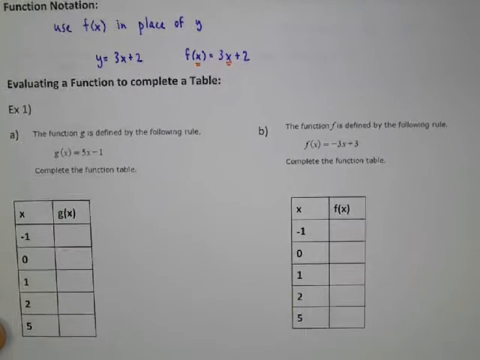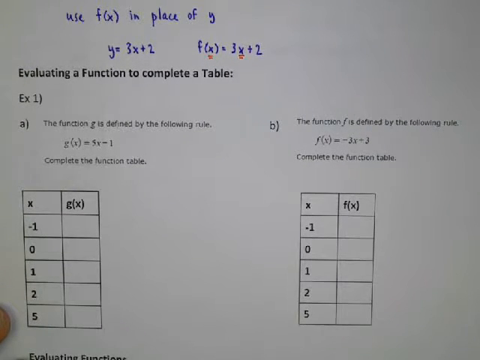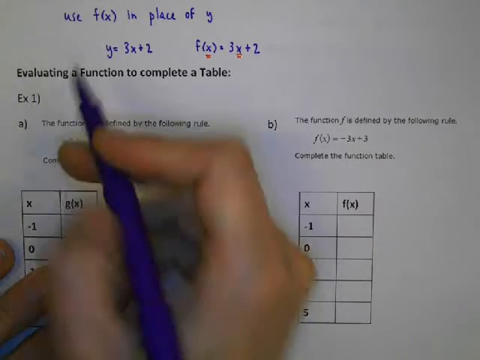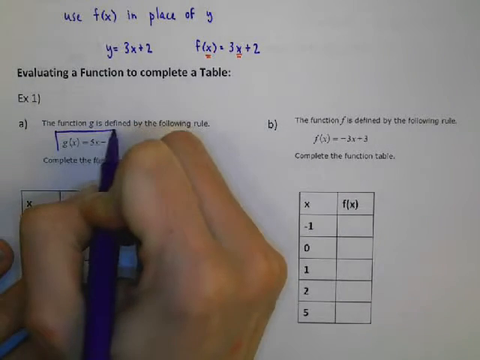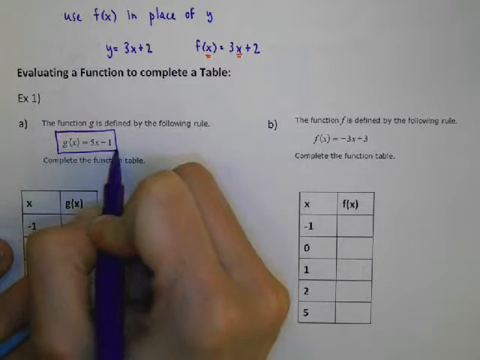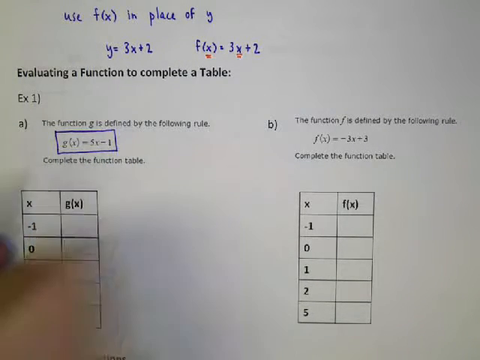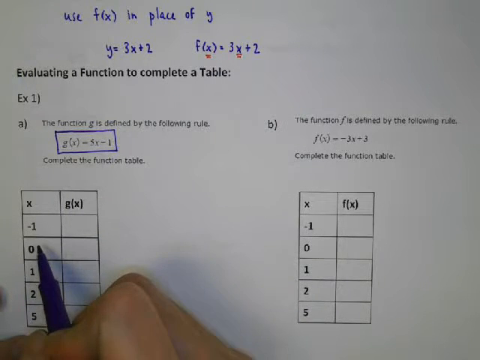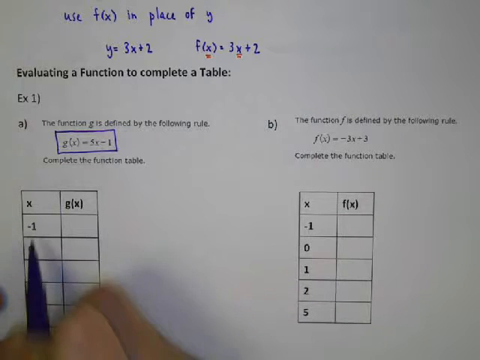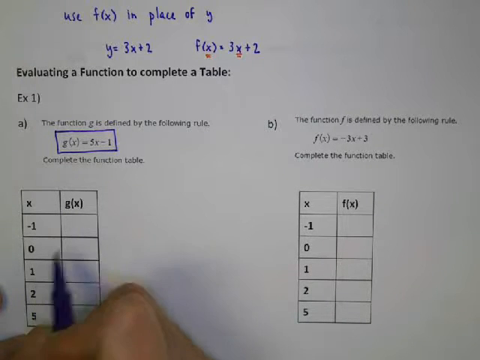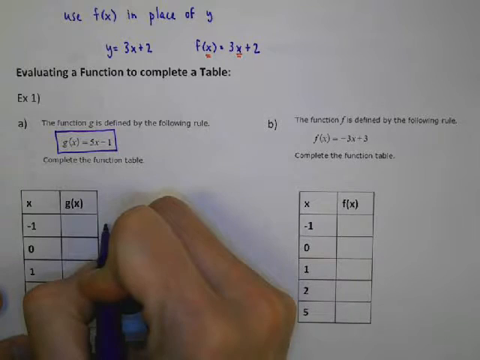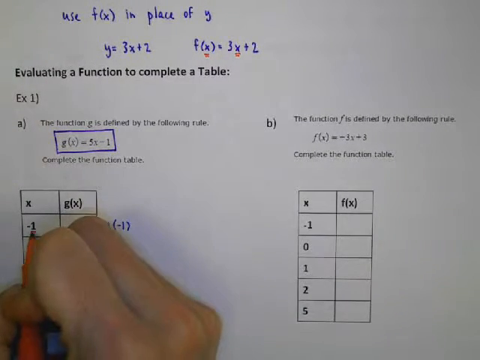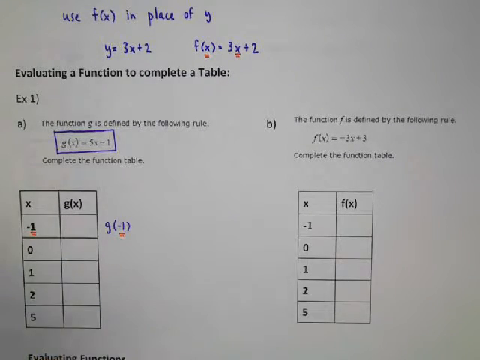So let's look at our first set of examples here. We're going to evaluate a function to complete a table. So it tells us that our function is defined by this rule. Again, it's what we would have seen before, except we would have said y equals 5x minus 1. So now we need to complete the function table. So if my x is negative 1, all it means by g of x is that I'm finding g of negative 1 because my x value is negative 1.